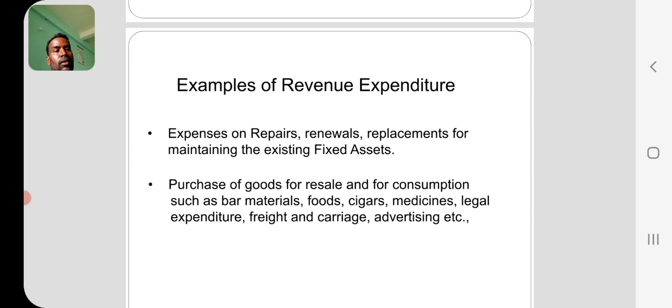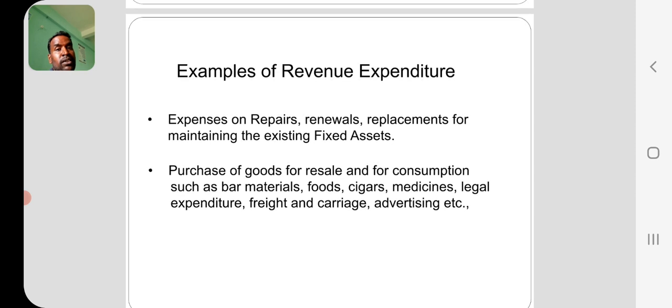Examples of revenue expenditure: expenses on repairs, renewals, replacements for maintaining the existing fixed assets.